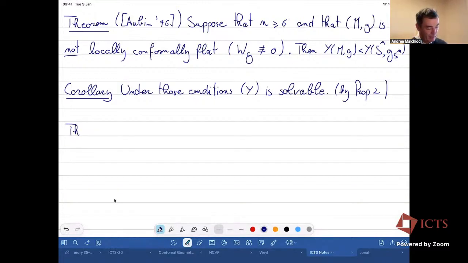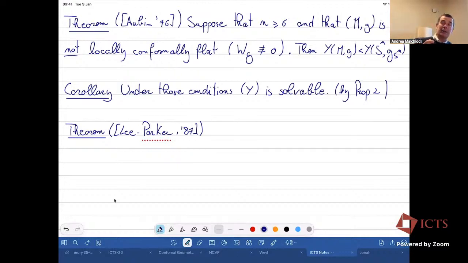So there is this theorem, due to Lee and Parker, from a set of notes entitled The Yamabe Problem from 87. They choose somehow a nice conformal representative of the metric g. So they introduce what they call conformal normal coordinates.